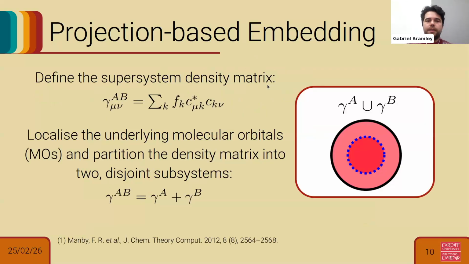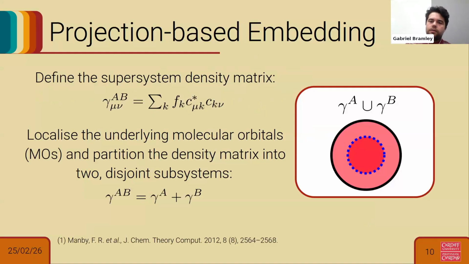So projection-based embedding starts off with the density matrix. So you start with the supermolecular density matrix, which is described through the molecular orbital coefficients from solving the Kohn-Sham equations.